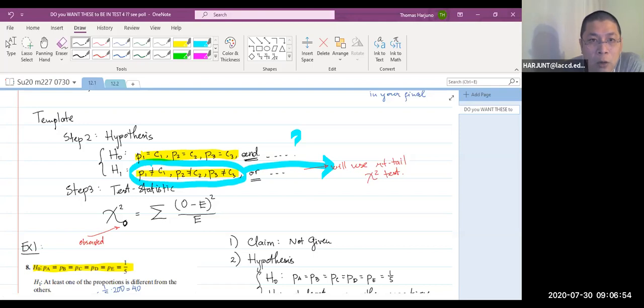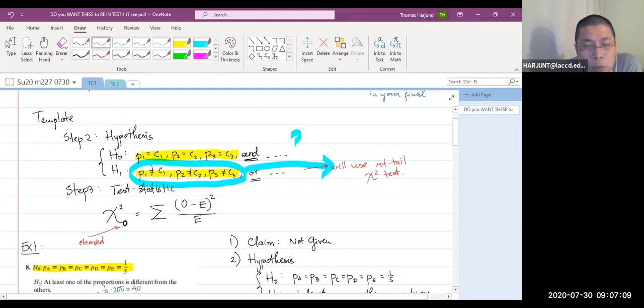But right now, when we have more than two, why do we use the chi-square test? What happens is we basically try to see the variance.